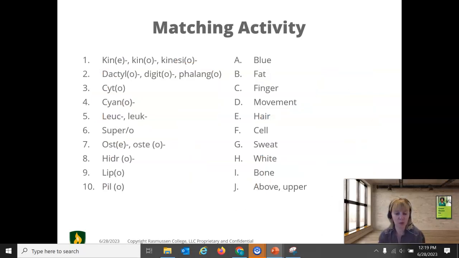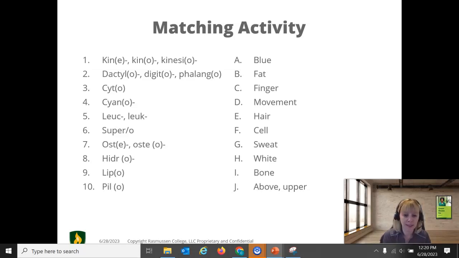All right, I'm going to give you guys a minute. What I would really like for you to do is to pause the video and try to connect these. So we have some word roots here: kino, kine, or kinesio, dactyl, digit, phalango, cyto, cyano, leuko or leuco, supero, osti or osteo, hydro, lipo, and philo.